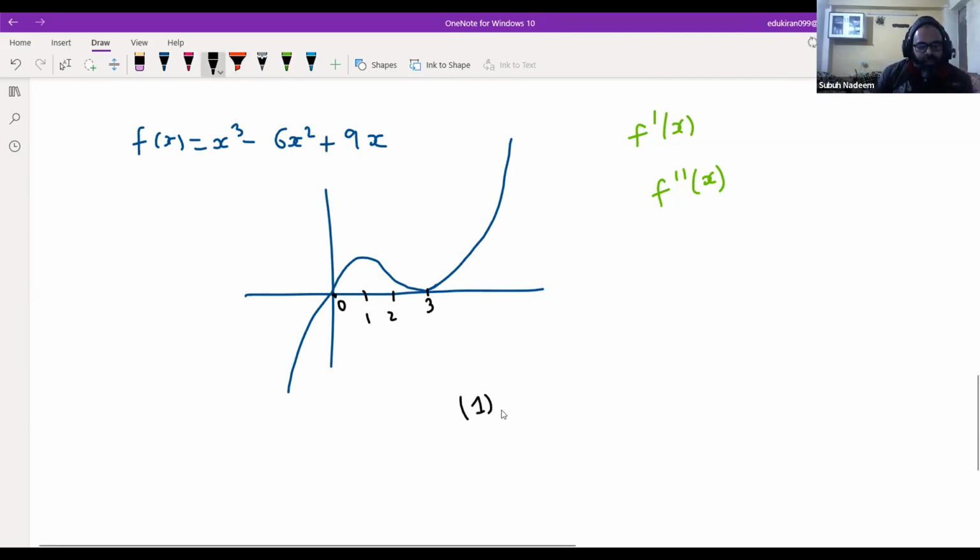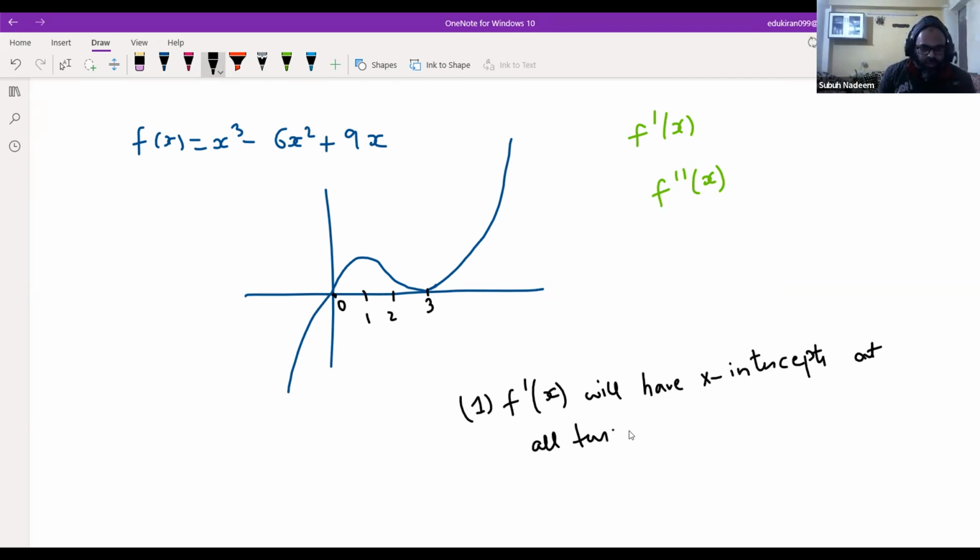First point is saying f dash x will have x-intercepts at all turning points of f(x).